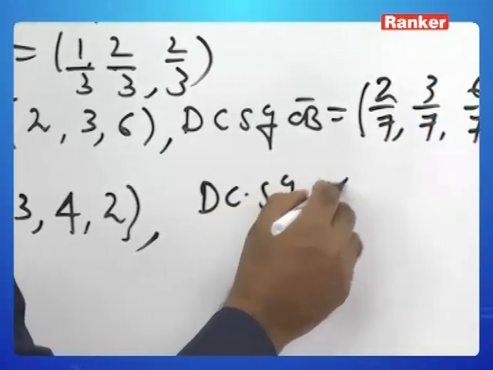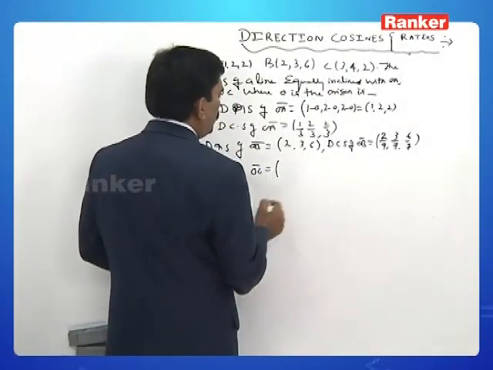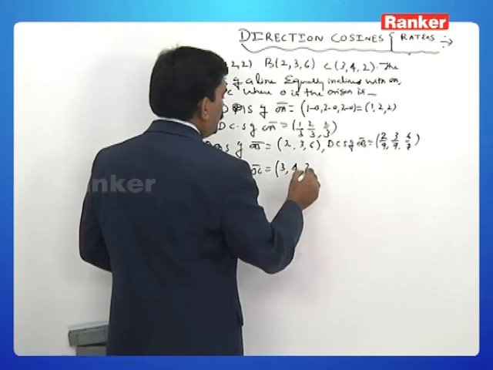So now you go for DRs of OC bar. DRs of OC bar is 3, 4, 12, right?